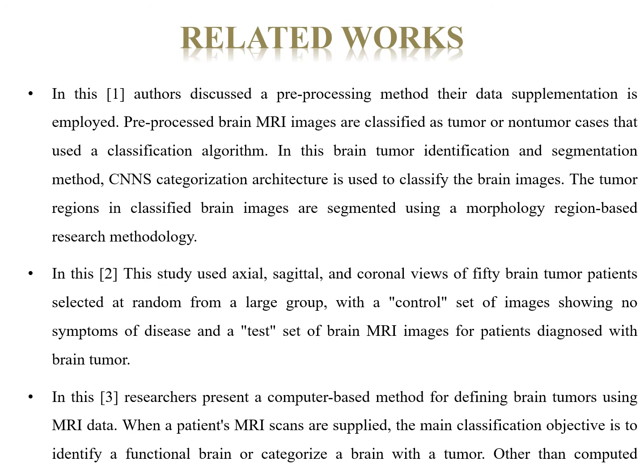Now, in this, researchers present a computer-based method. In this paper, researchers have presented methods of detection of brain tumors, and the method is computer based. They have explained four types of computer based methods.